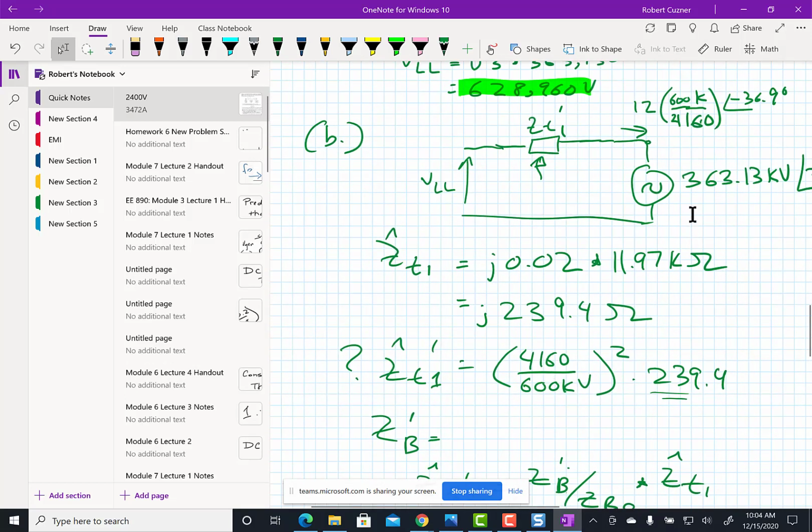Now this has to be multiplied times the voltage ratio, 4160 divided by 600 e to the 3, right?